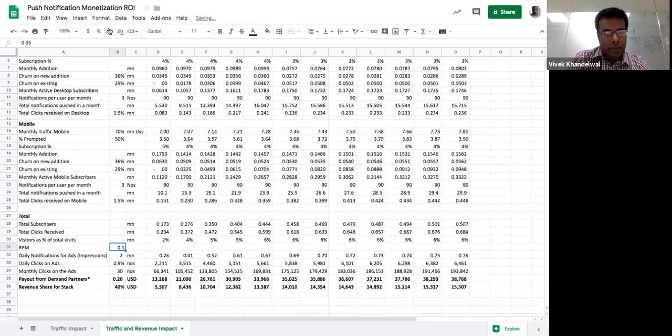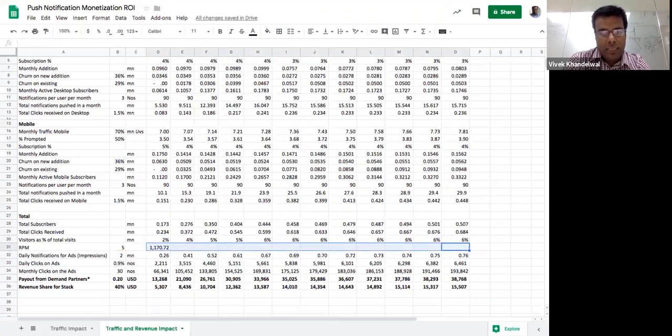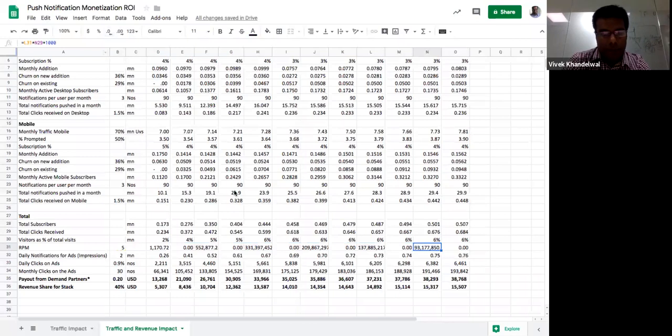So at an RPM of 5, this essentially translates into a direct revenue impact of $1,000 straight up in the first month for you, right?